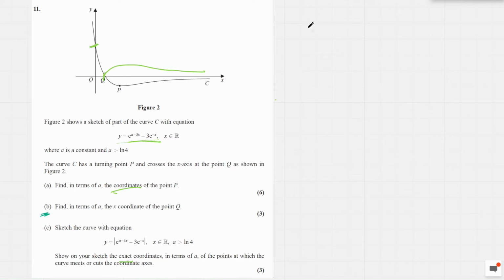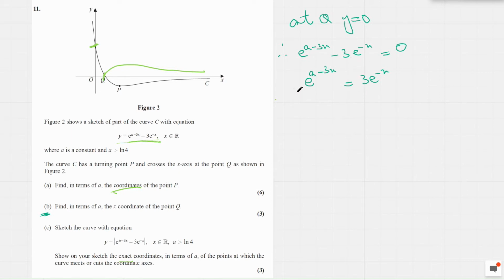Now e^(a − 3x) equals 3e^(−x), because we add 3e^(−x) to both sides.